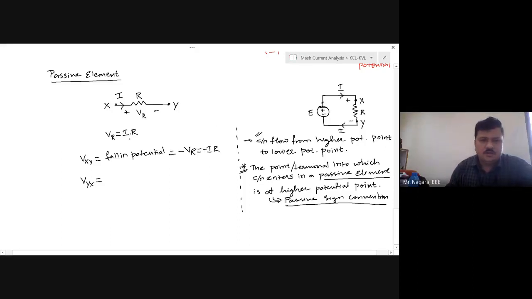Okay. Now Vyx is tracing the element R from Y to X, and in the direction of this trace, I observe Y is at lower potential, X is at higher potential. Now I am traveling from lower potential to higher potential. Therefore, there is a rise in potential.